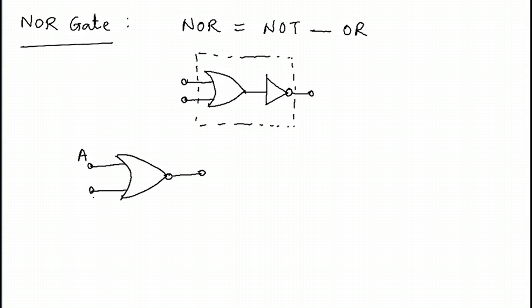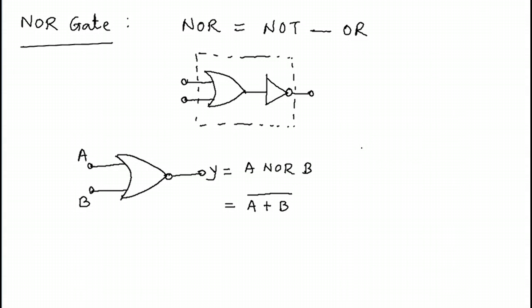Now let's call these 2 inputs A and B, and the output is Y, and Y is equal to A NOR B. The symbol for A NOR B is, you first write A OR B, the symbol is of course A plus B, and you put a bar sign on top of it which stands for NOT. So A NOR B is symbolically written as A plus B with a bar sign on top of it.